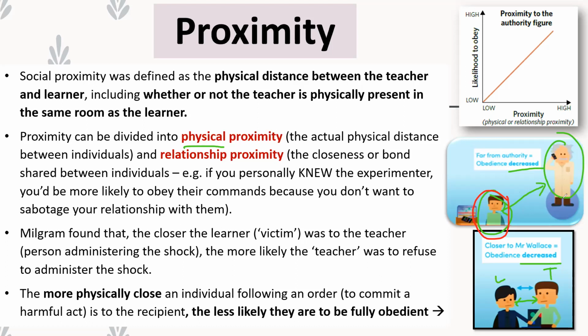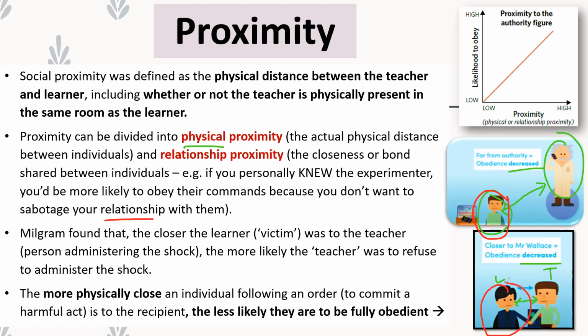And number two, they are someone you know out of the experimental setting. Okay, they're someone that you have a relationship with. And so you're more likely to listen to their orders because you don't want to ruin the relationship you have with them outside of that lab setting or outside of the experimental room. Okay, so that's basically the relationship proximity.